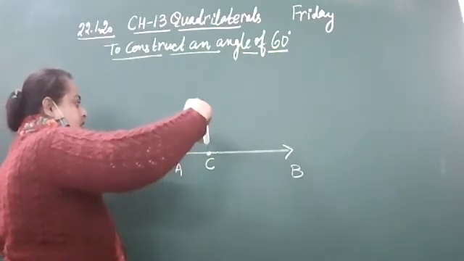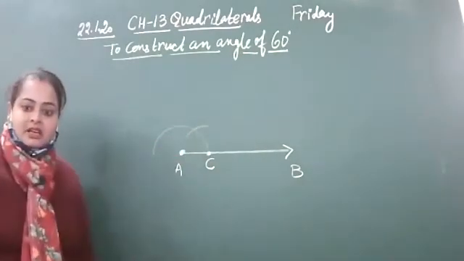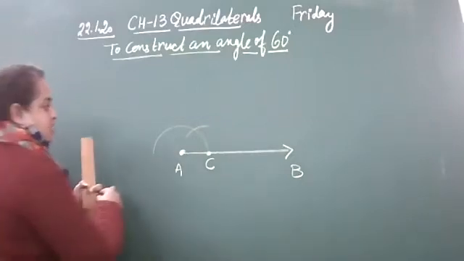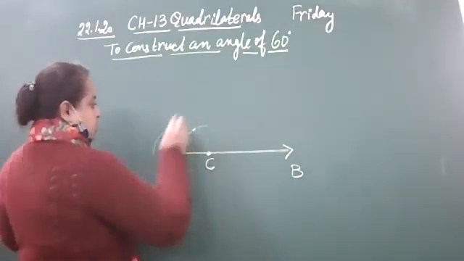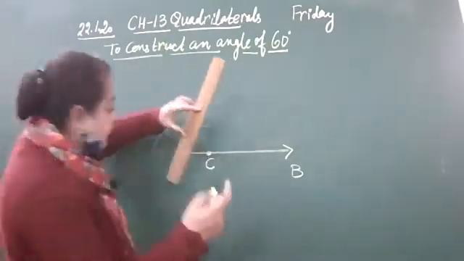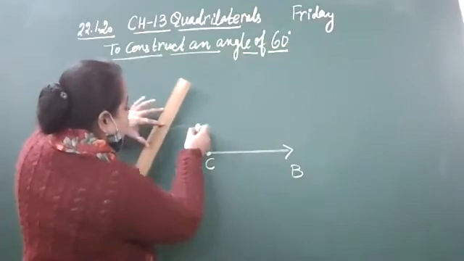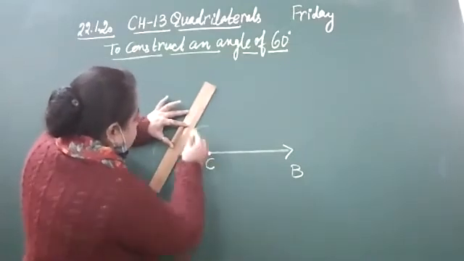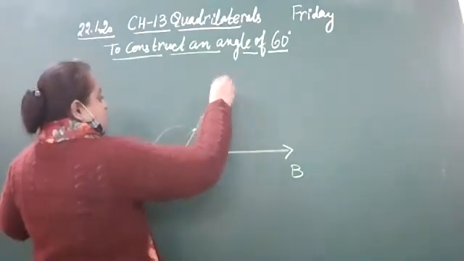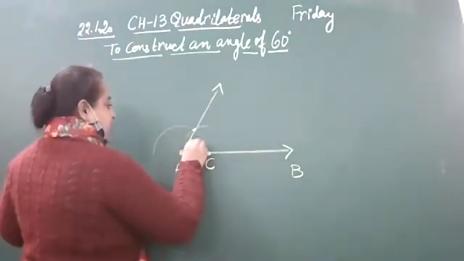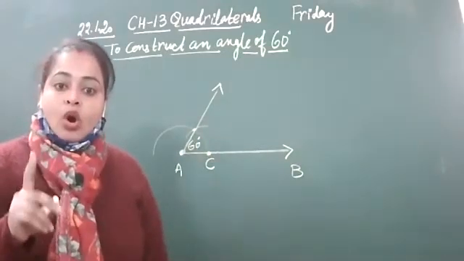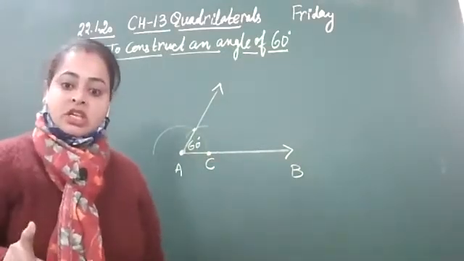Now I am going to draw another ray which passes through this point from A. Look, this is an angle of 60 degrees. Like this, we will draw an angle of 60 degrees.